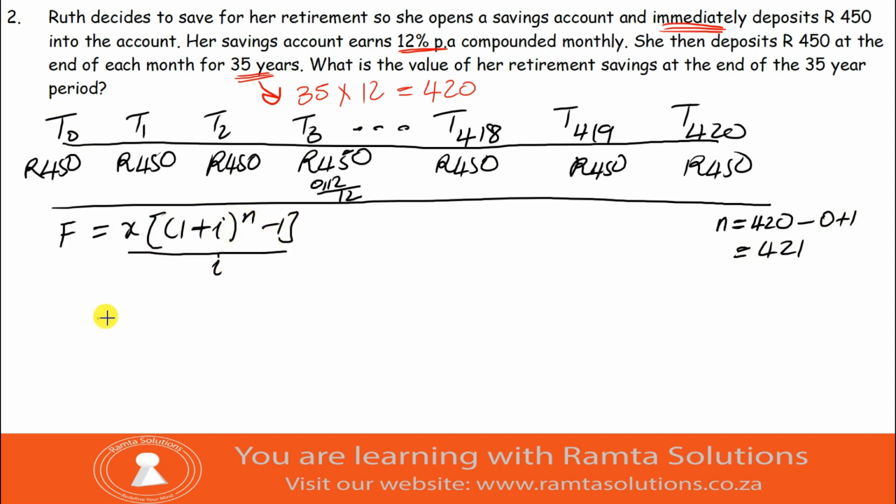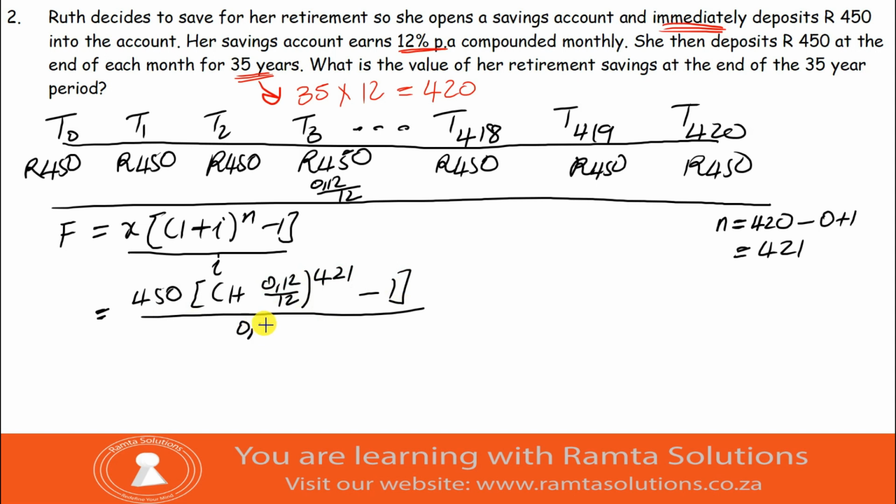Okay, so she deposits 450 rand. Her interest was 0.12 over 12, and she makes 421 installments, right? And then 0.12 over 12. So let's see.